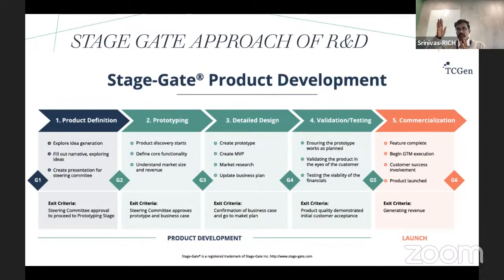So you start making some noise around, we're going to be launching this, we're going to be doing this and that, all sorts of things. So a lot of investment commitments go into starting from the detailed design phase.